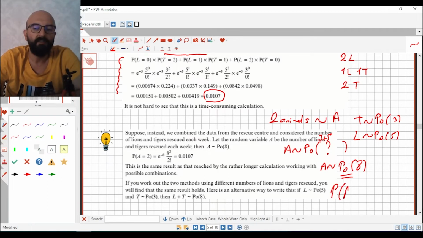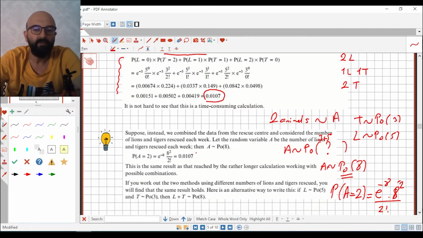So the probability of value 2 in the Poisson distribution, e to the minus lambda multiplied by lambda to the r over r factorial, with lambda 8 and r 2, 2 factorial.